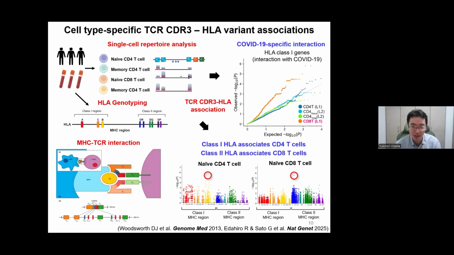HLA has some preference for which VDJ genes of the TCR are used. Class 1 HLA association affects the VDJ usage in CD8 T cells, and class 2 HLA affects the VDJ sequence in CD4 T cells. And the usage depends on disease state, meaning under different stimulation. Anyway, your HLA alleles define which VDJ repertoire you have, and this affects the risk of the disease.